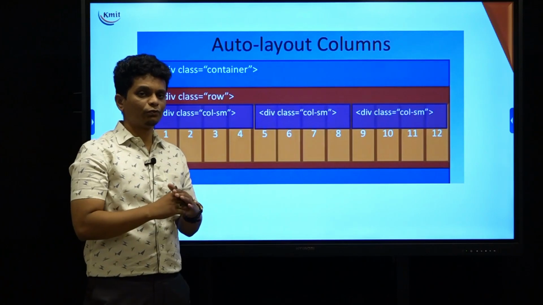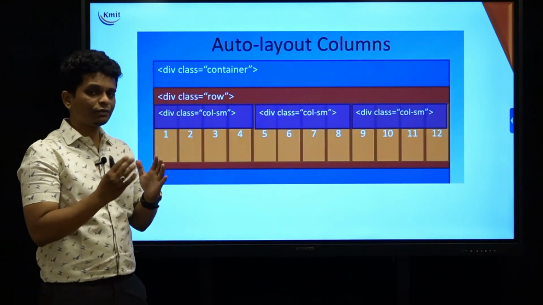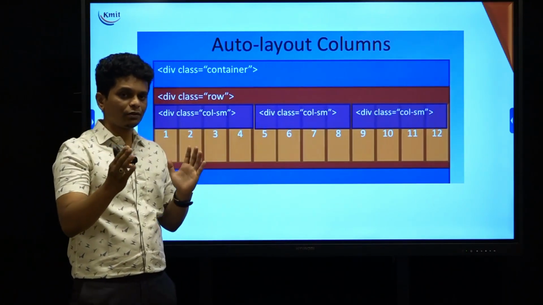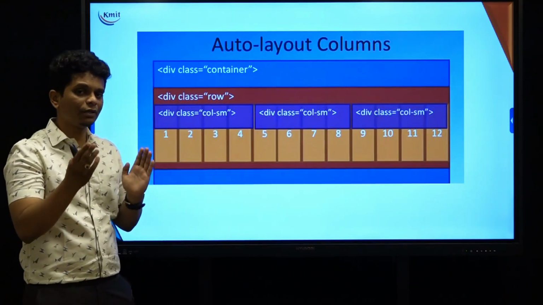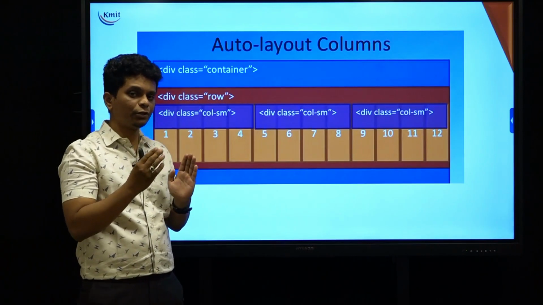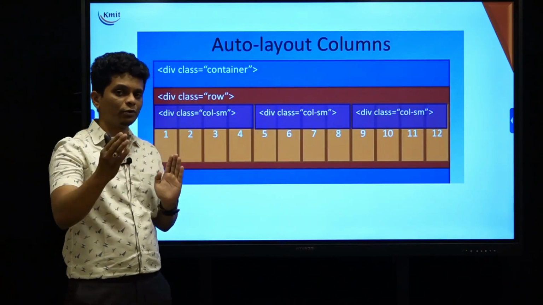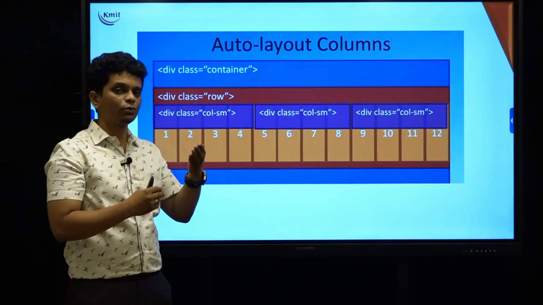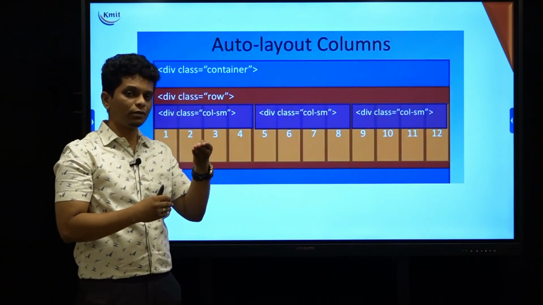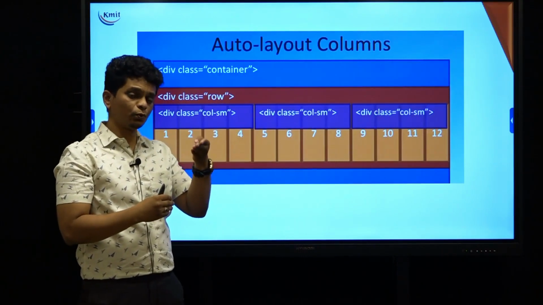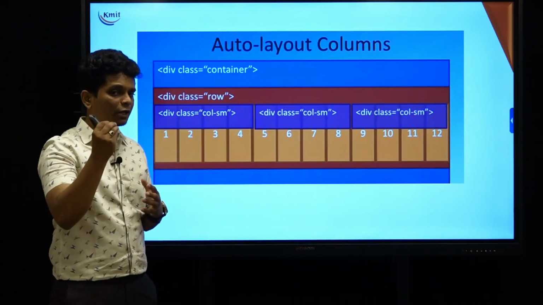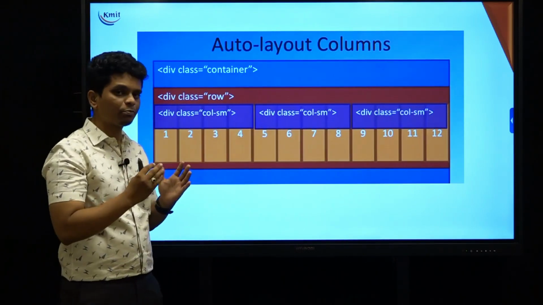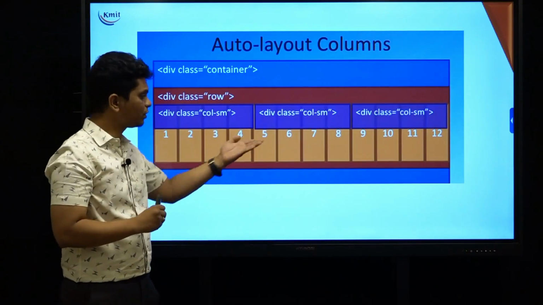So far we have seen how to create a container class, and how the container can be divided into columns, how many columns there are, and how to use columns under rows and rows under a container. Now we will see, can we manipulate or reshape the columns?